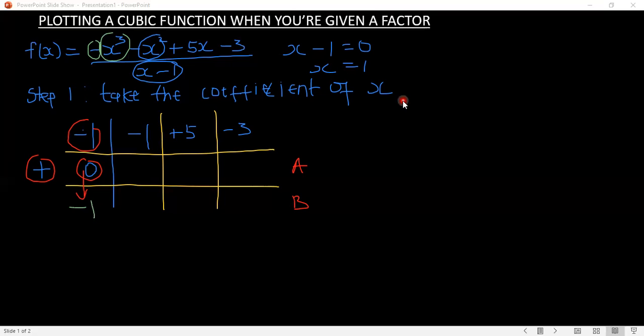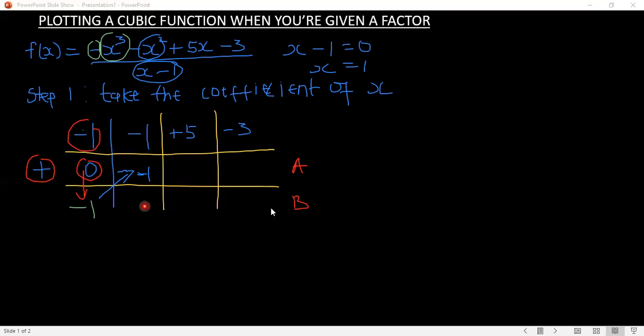So from here to there, we multiply by our x value. Our x value is +1. Therefore, I'm going to say -1 times +1. We get -1. The answer here is -1.